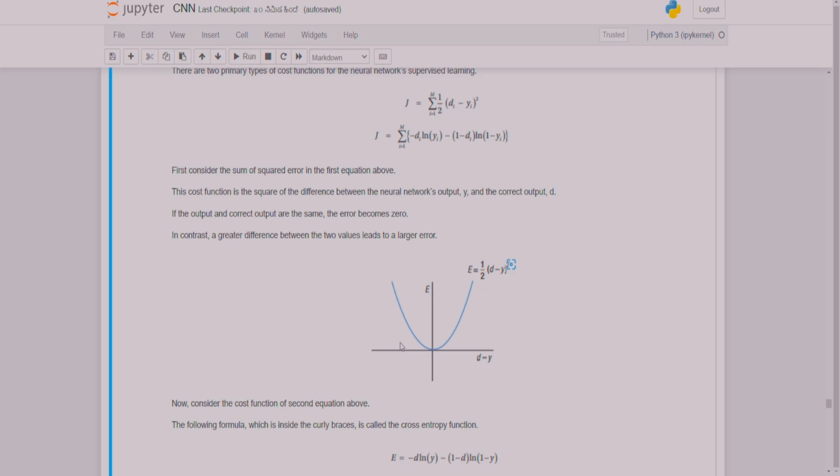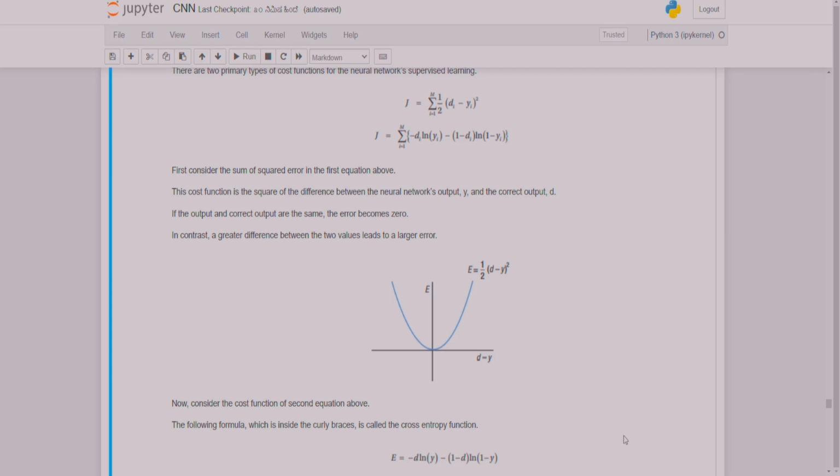On the y-axis, I'm calculating the error according to the J equation given, which is d minus y whole square. So when I say d minus y square, if d minus y is larger, the d minus y square is going to be much larger. So if the difference d minus y is more, the error is more, the cost is also more. It can be true for positive as well as negative.